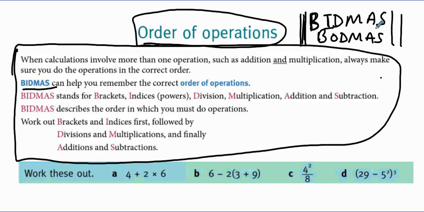I will be applying all these terms to answer the questions. When do we need BEDMAS and when do we need BODMAS? In short, B stands for brackets, I stands for indices or powers, D stands for division, M stands for multiplication, A stands for addition, and S stands for subtraction.